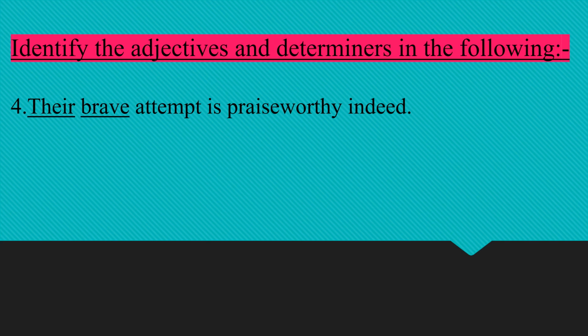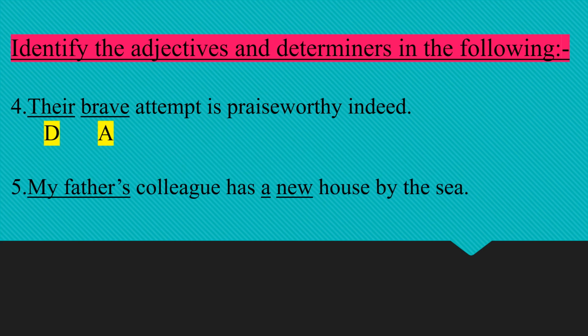So determiner, and brave is adjective. The fifth one, my father's is the possessive noun. So determiner. My father's colleague has a new house by the sea. Here the is the article. So this is also determiner. New is adjective. My father's and the are determiners and new is adjective.